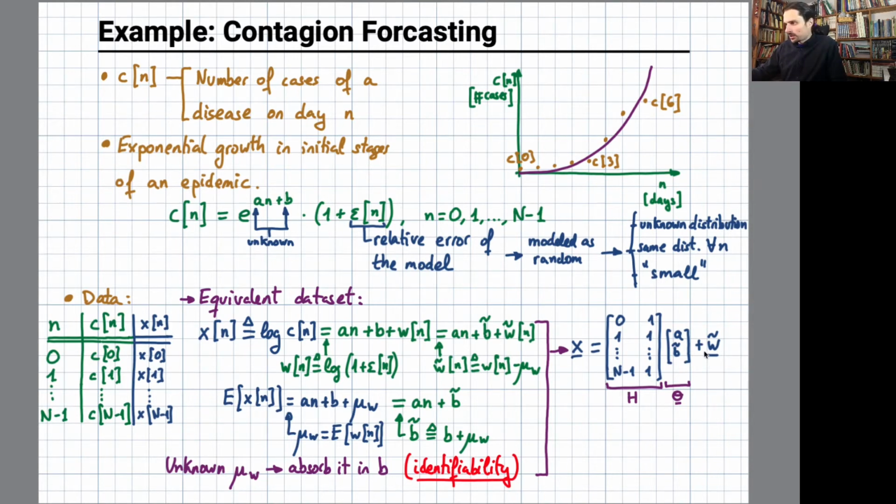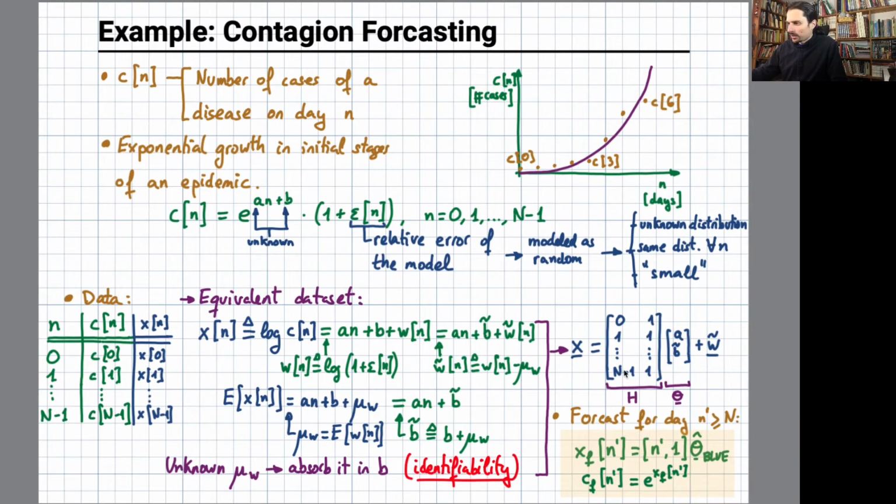Similarly, w tilde will be a vector containing the samples of w tilde. So with this model, we can just apply the BLUE.